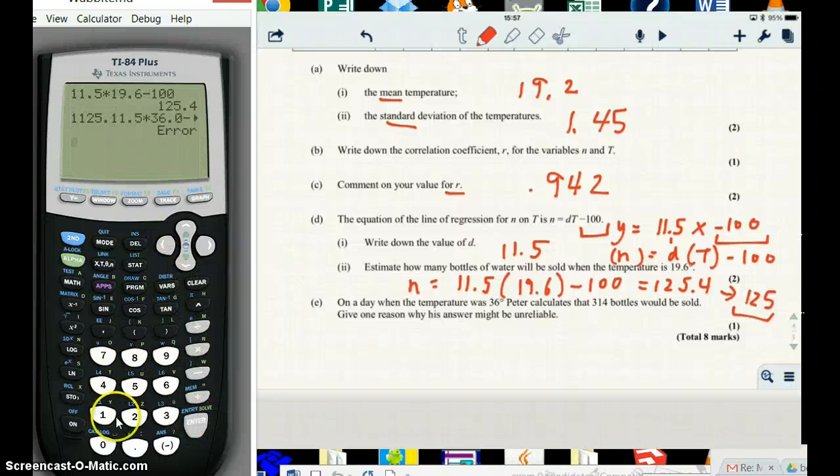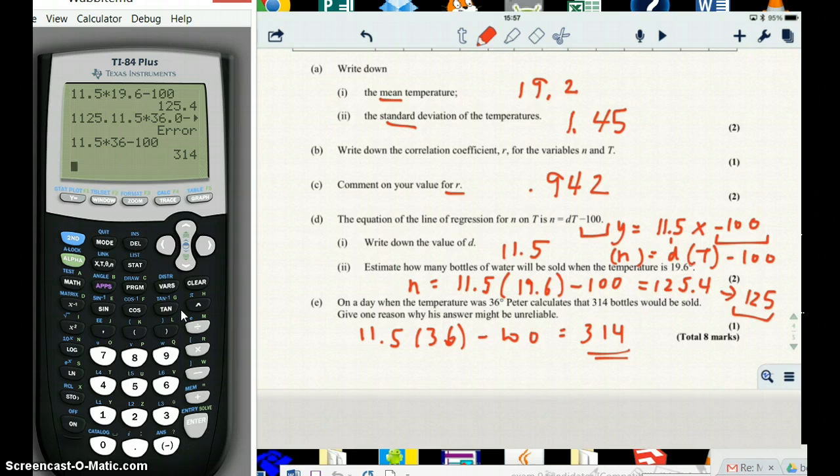Okay, let's type this in again. Now we're going to do 11.5 times 36 minus 100. And we're going to see that he actually got the right answer, which was 314.